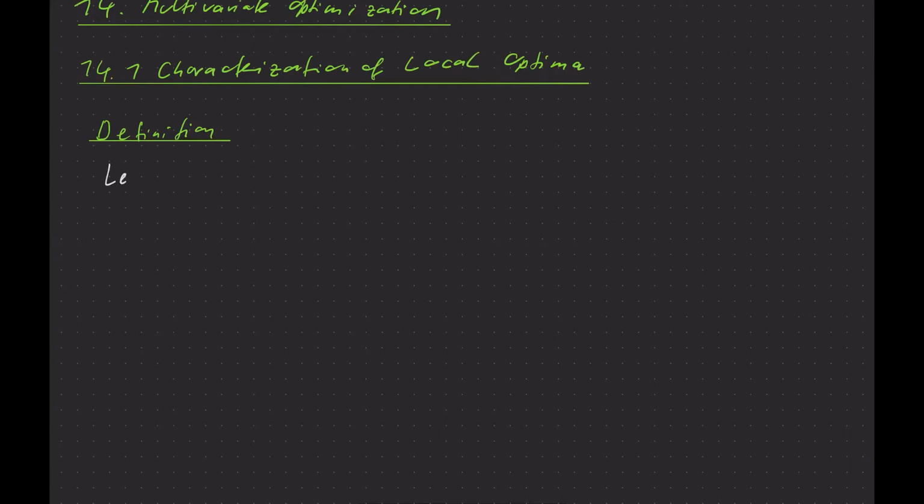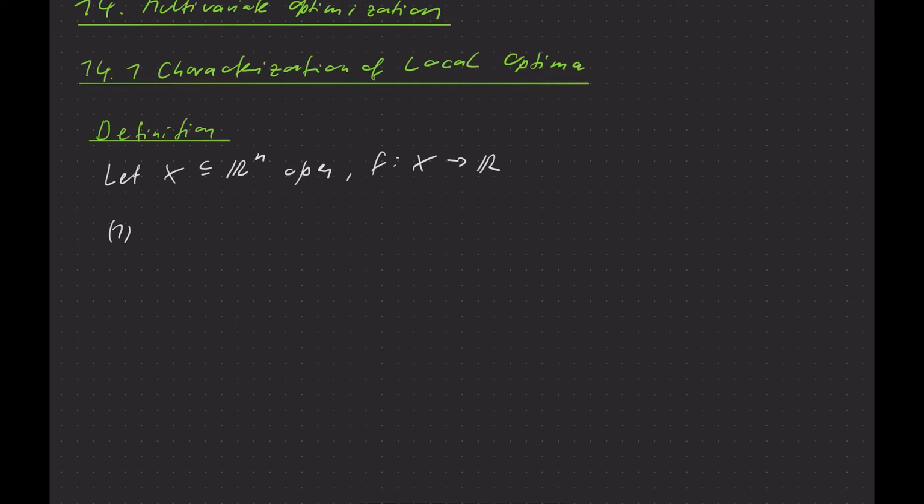As usual, we let X be an open set in R to the n. We consider a function f defined on X that maps to the reals. And then we'll introduce the following terminology.